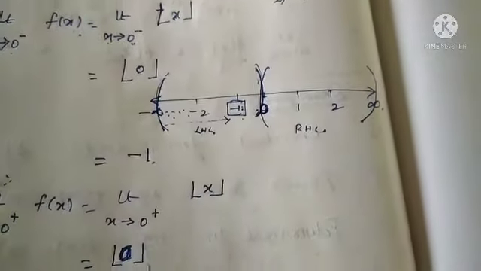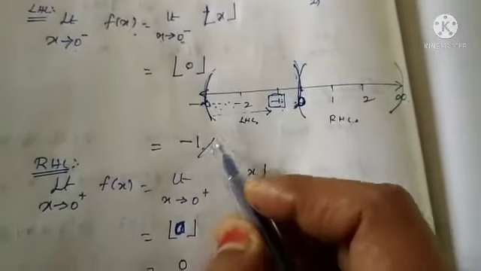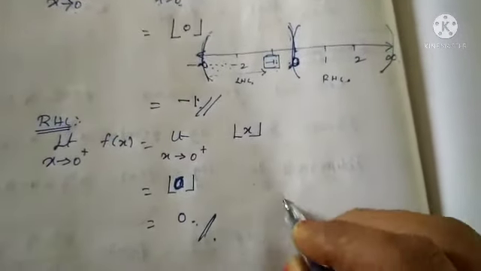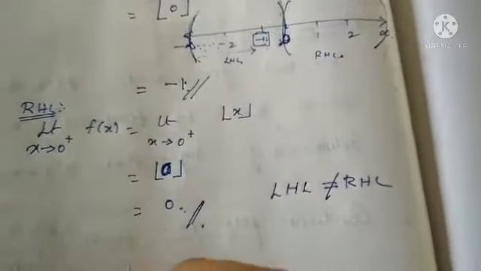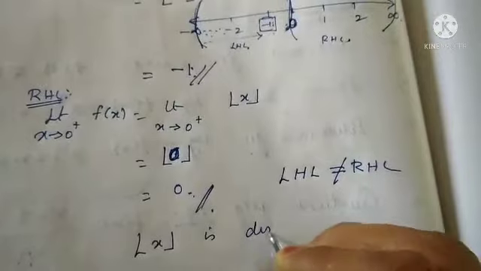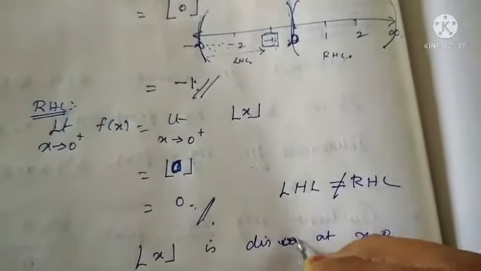So your answer is 0. Now see, the left hand limit answer is minus 1, the right hand limit answer is 0. Left hand limit is not equal to right hand limit. Therefore, the greatest integer function is discontinuous at x is equal to 0.